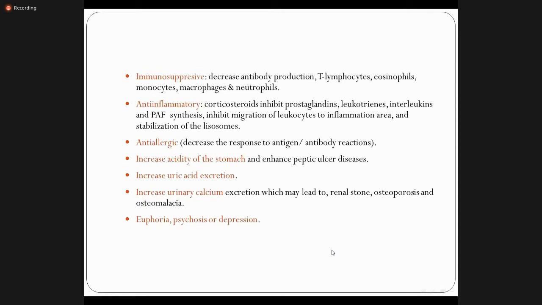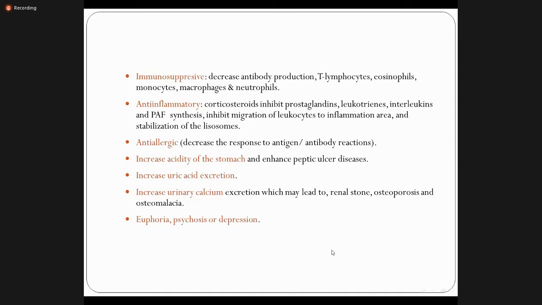How? One example is, if a patient has an autoimmune disease, one example is rheumatoid arthritis, an important example of autoimmune disease, Crohn's disease, ulcerative colitis, right?